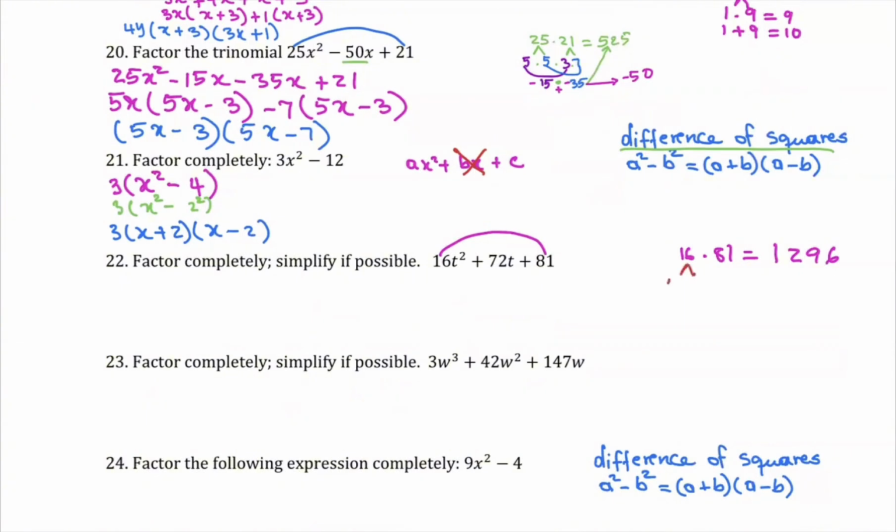So that's 4 times 4, and then that is 9 times 9. I'm going to match 4 and 9, 4 and 9.